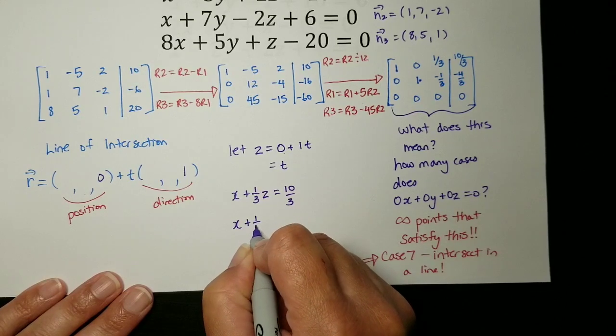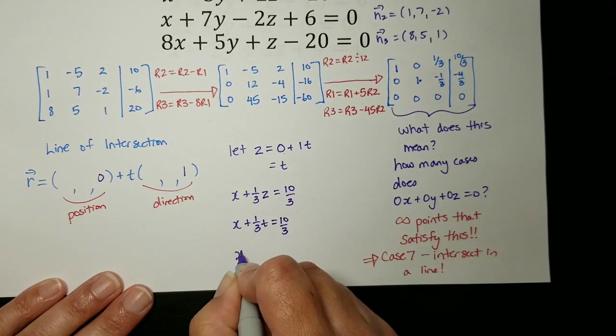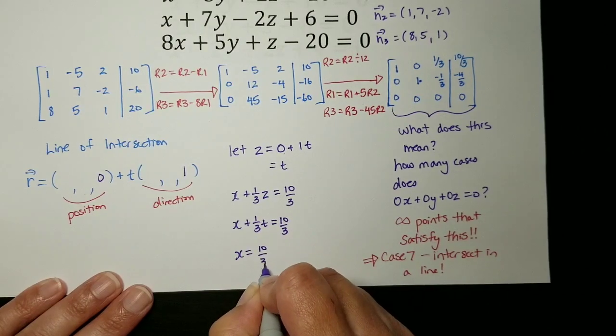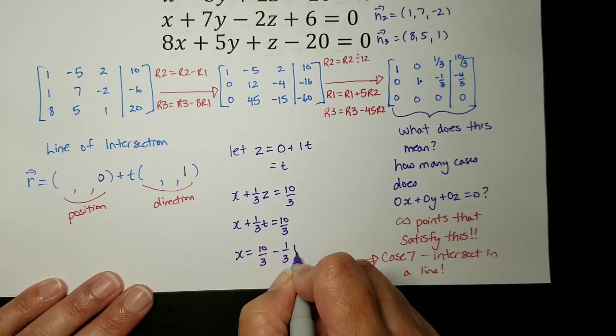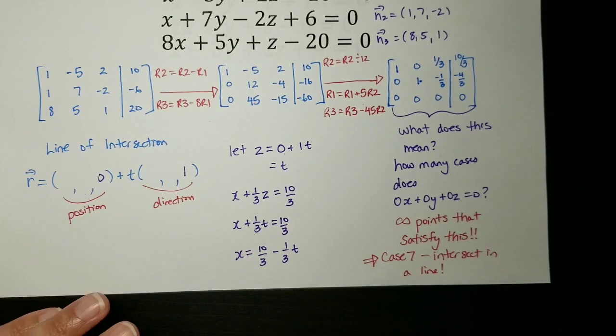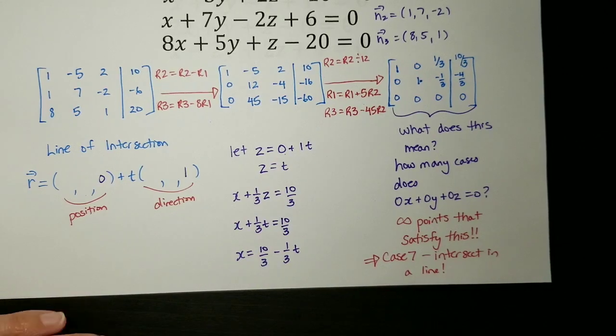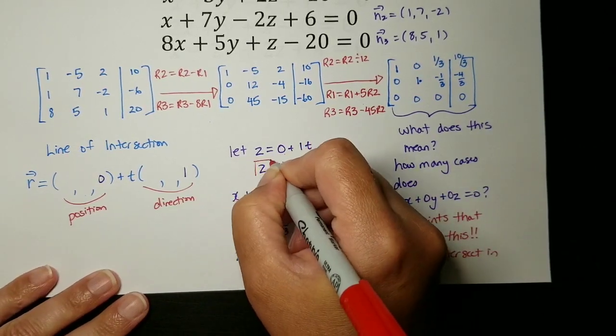So x plus 1/3 t equals 10/3, or x equals 10/3 minus 1/3 t. So that is my second, and I'm getting my parametric equations here.